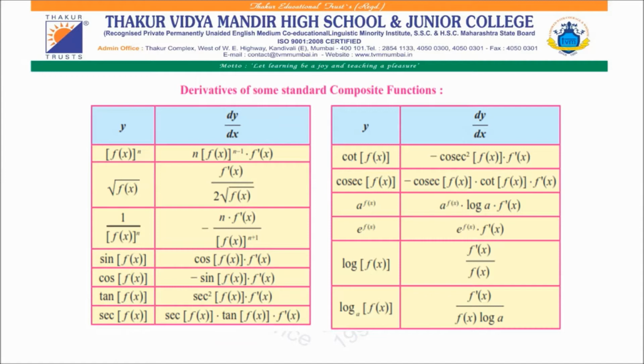Next, the logarithmic function, log of f of x, its derivative is f dash x upon f of x. Okay, log f of x to the base a, its derivative is 1 by f of x log a into f dash x. Clear?